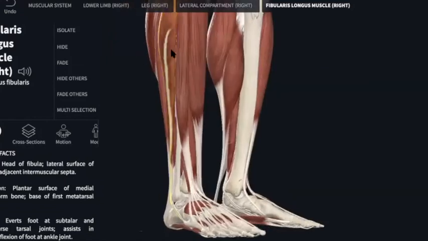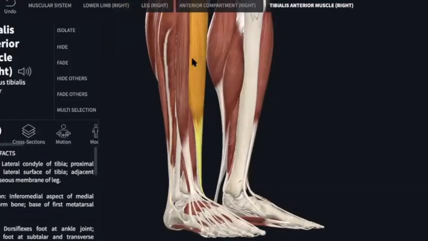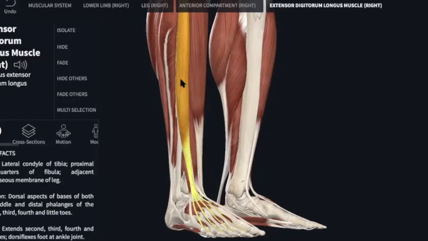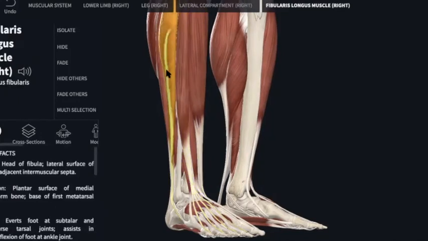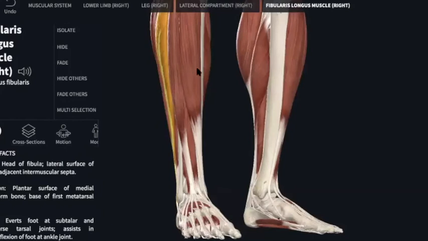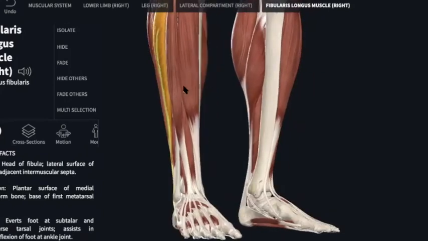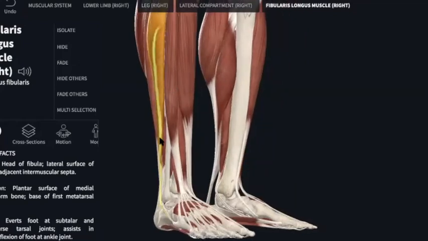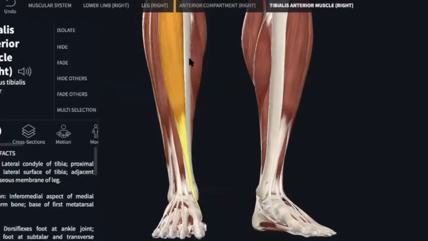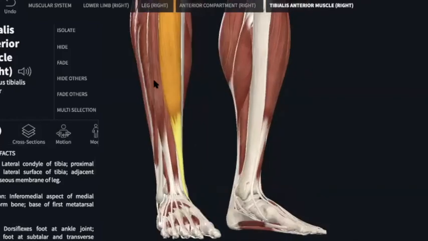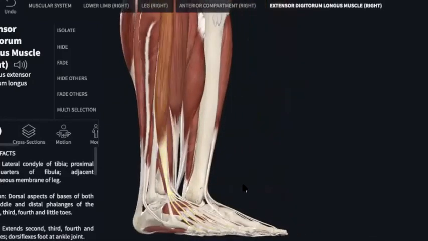All right, so those three muscles, right? You've got your tibialis anterior, your extensor digitorum, and then your fibularis longus. These are all seen from the front or lateral view. The fibularis longus is running along the fibula, the tibialis anterior is running along the tibia, and in between them you've got that extensor digitorum.